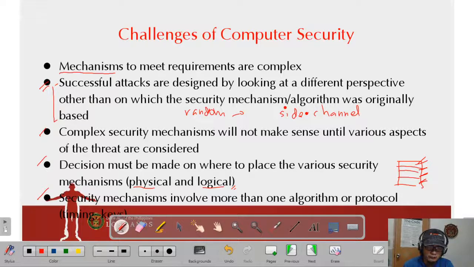For example, if your security mechanism involves timing, and the network or a protocol, let's say, has variable delays because of different environments, then the timing parameter will be useless in your security mechanism.